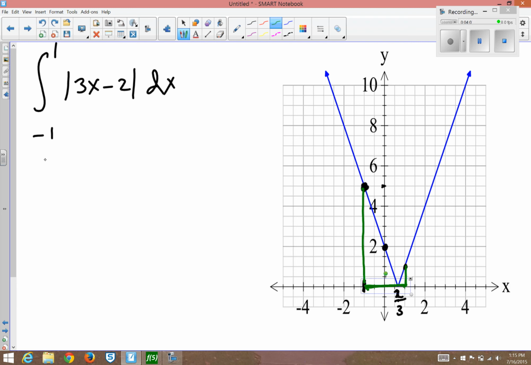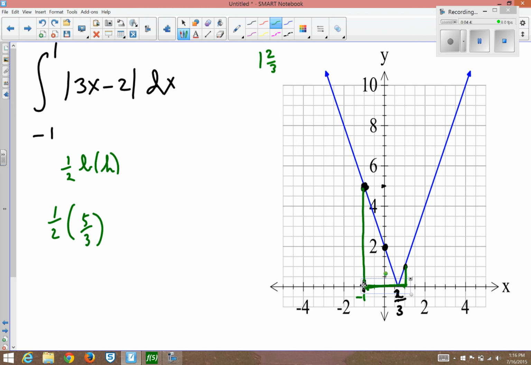The area of a triangle is 1/2 the base times the height. So that first triangle has a base of however far it is between -1 and the number 2/3. The distance from this number -1 to this number 2/3 is 1 2/3, which is the same as 5/3.